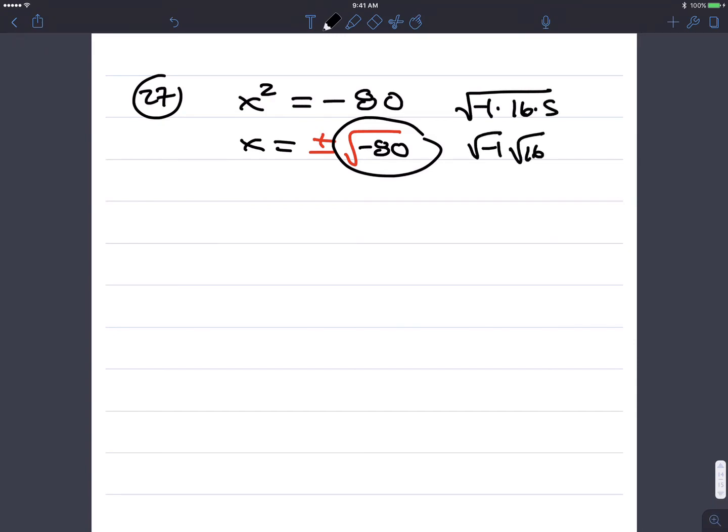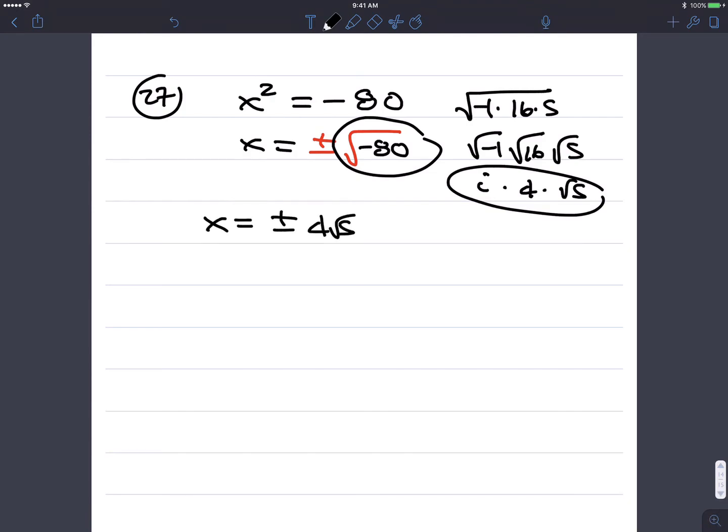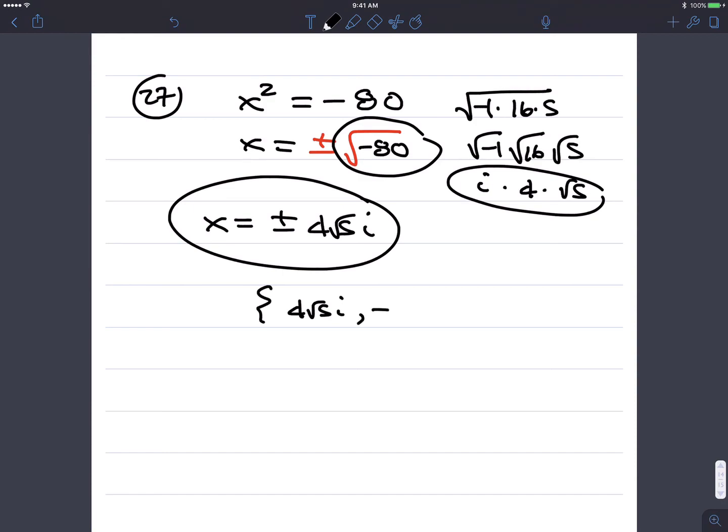Square root of negative 1, square root of 16: i, 4 square root of 5. x will be plus or minus 4 square root of 5 i. 4 square root of 5i and minus 4 square root of 5i. And you're done.